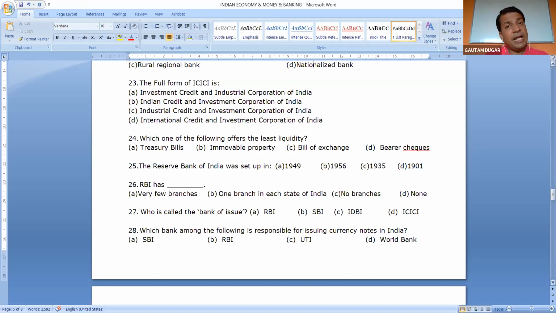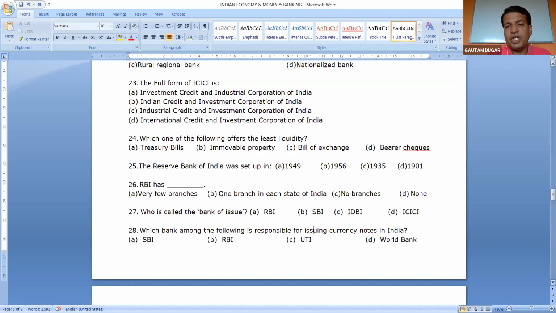RBI does not have branches. It has offices in several parts of the country, but they are not branches. We have the RBI headquarters in Mumbai, in Calcutta we have an office, but they are just offices. We cannot call them branches. So RBI has no branches.